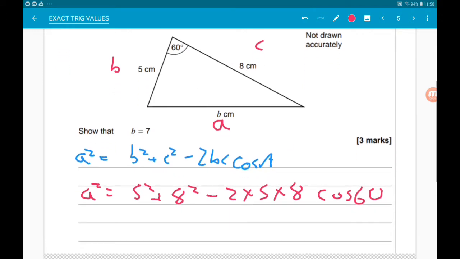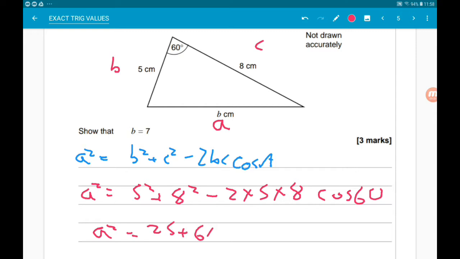Okay, so a squared then is 25 add 64 and then we have minus 2 times 5 times 8, so that's minus 80 times cos of 60. Now, cos of 60 is 1/2. So we have minus 80 times 1/2.